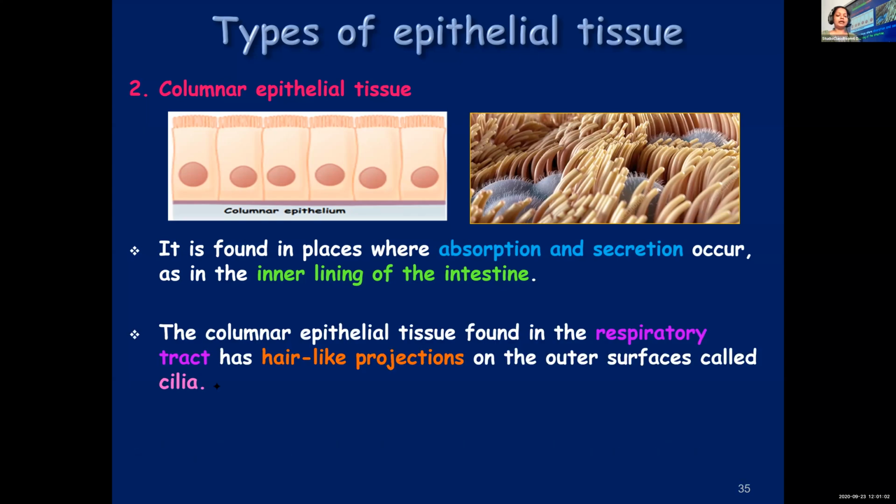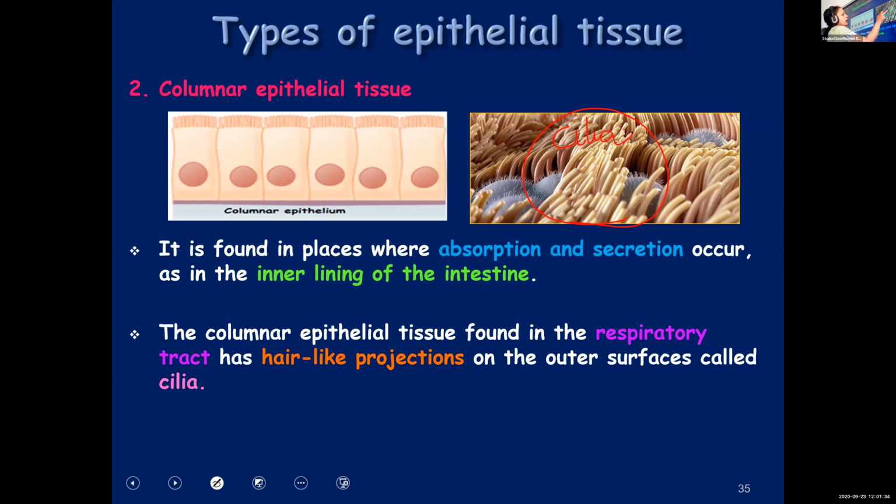Then, this is also found in our respiratory tract, respiratory passage. And those which are found in the respiratory tract, they have some hair-like projections. And you can find a magnified, a microscopic view of columnar epithelium, and you can find those hair-like structures. You call them cilia.